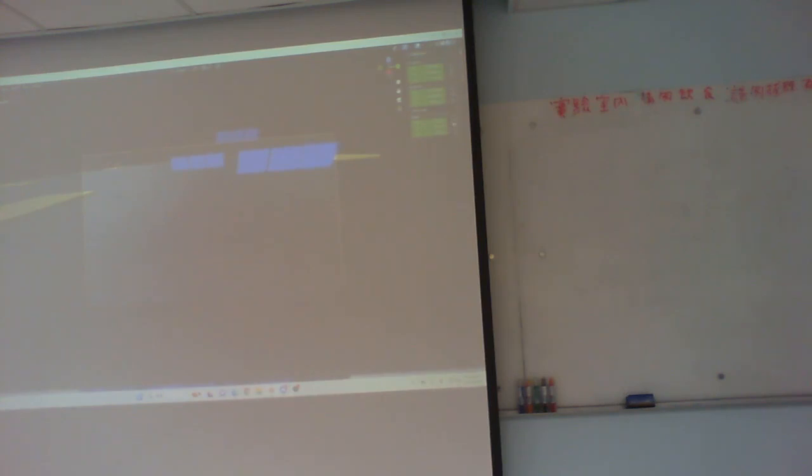So where's the view? Settings, view, message, render was used.